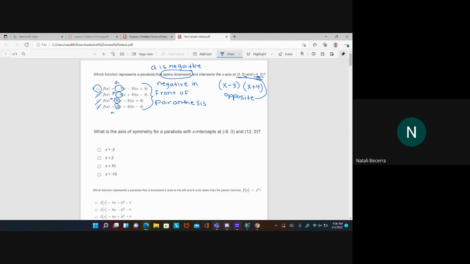All right, next one. What is the axis of symmetry for a parabola with x-intercepts at (-8, 0) and (12, 0)? Anytime they give you x-intercepts, just know that this is factored form.